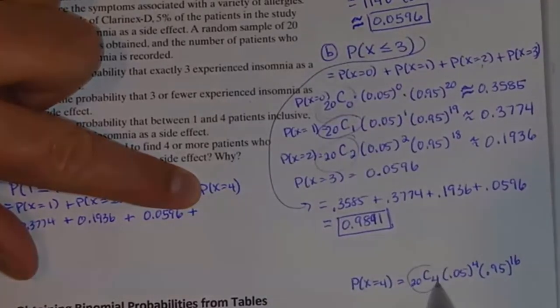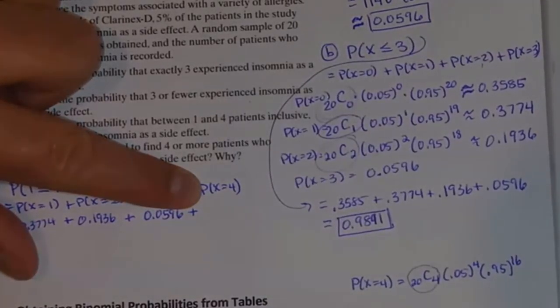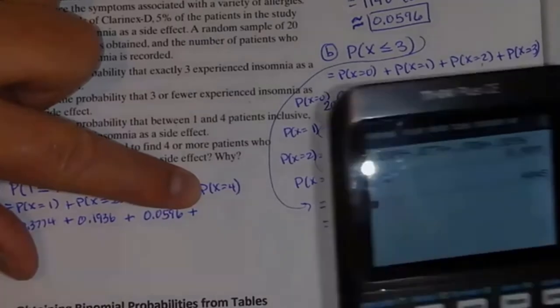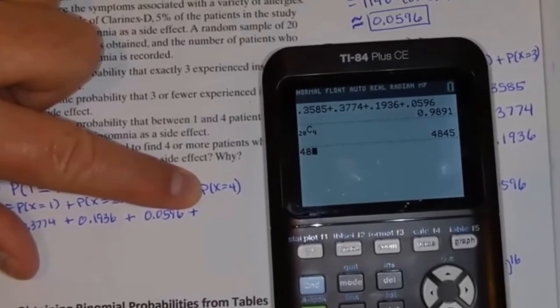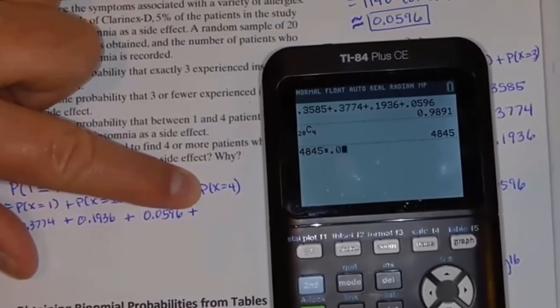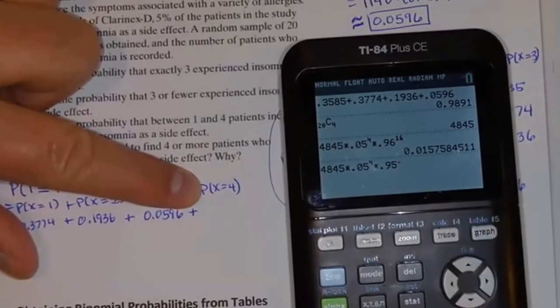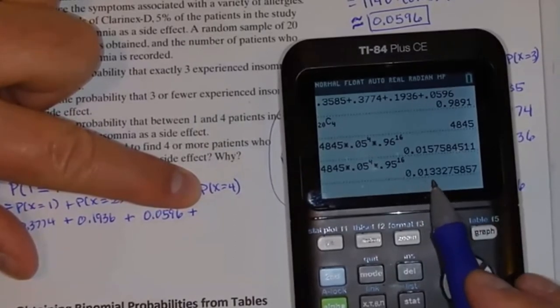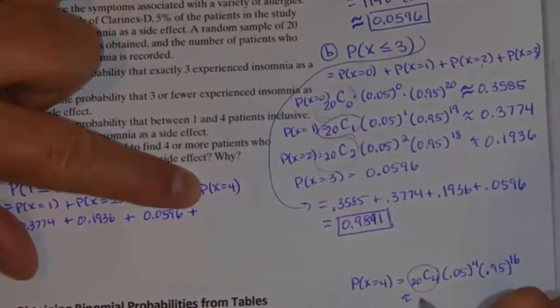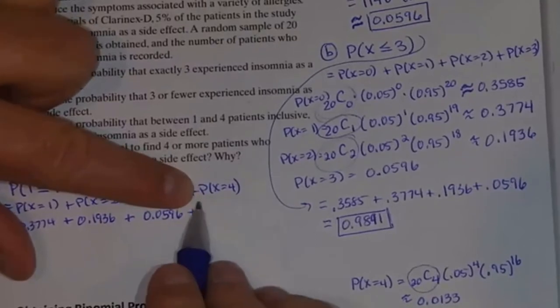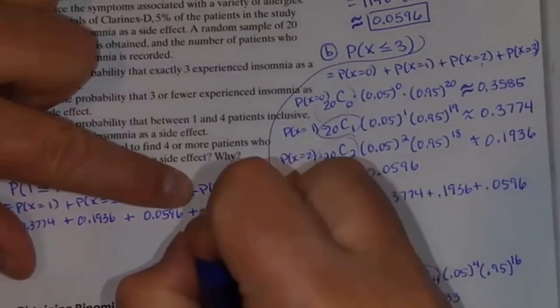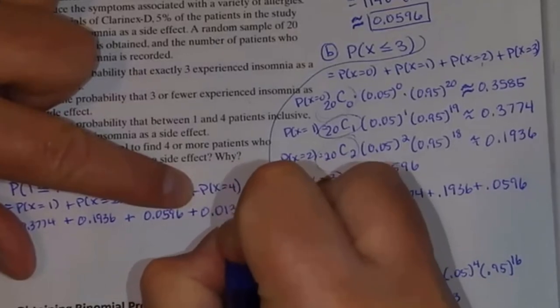So there's 4,845 different ways of getting 4 successes and 16 failures. If I take 4,845 times 0.05 raised to the 4th times 0.95 raised to the 16th, that is 0.0133. So the probability of x equals 4 is 0.0133.